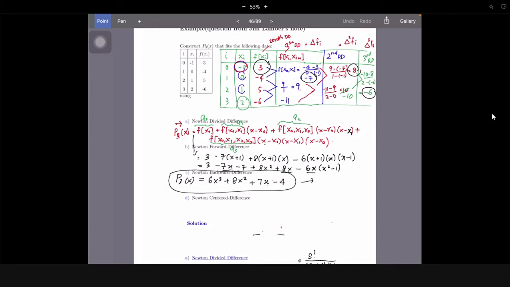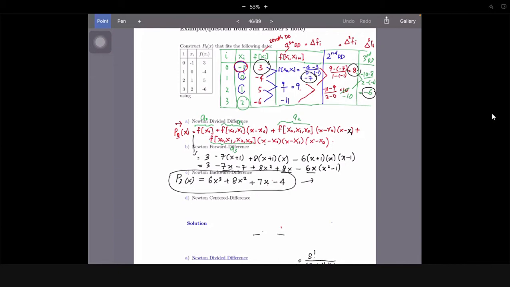So Newton divided difference dan juga centered divided difference menggunakan formula yang sama, menggunakan table yang sama. Kenapa? Sebab kalau kita tengok formula dia F adalah in the square bracket. Square bracket maksudnya dia adalah dibahagi dengan nilai H. H tu adalah the difference between the value of X. Okay.